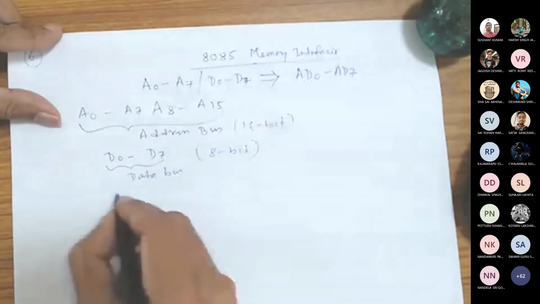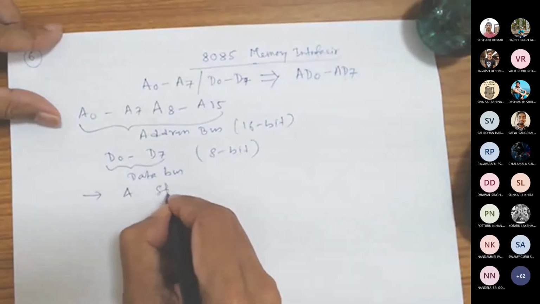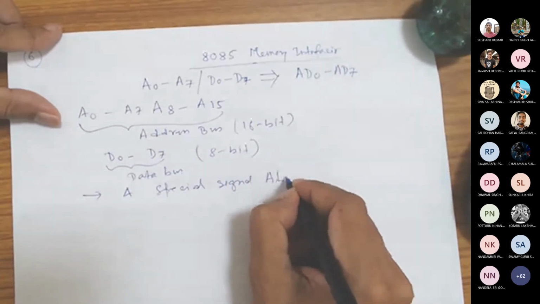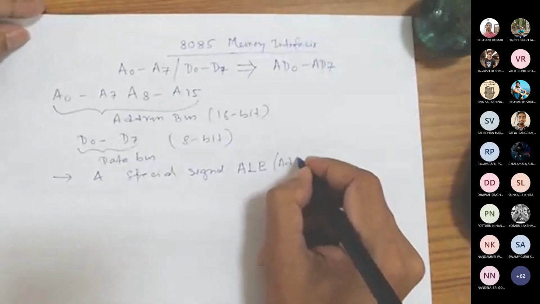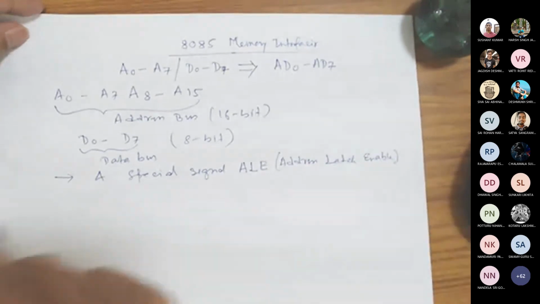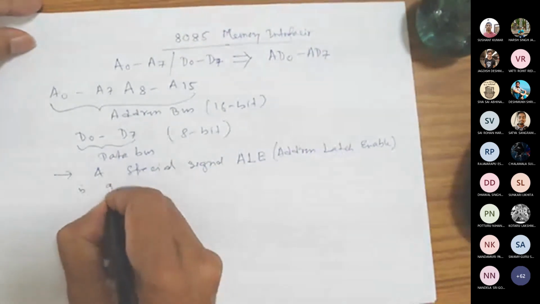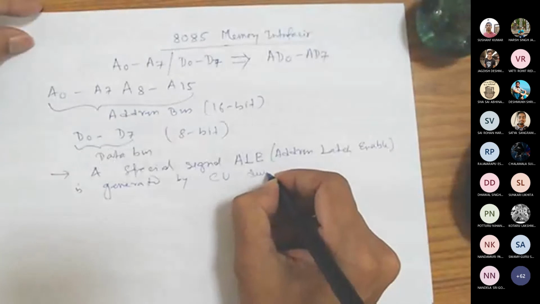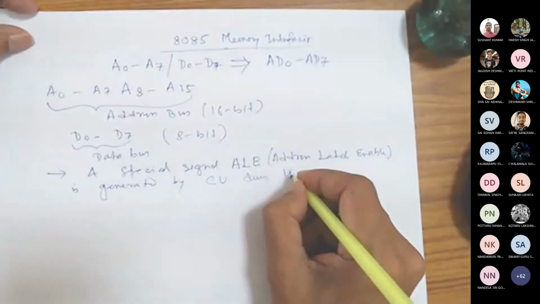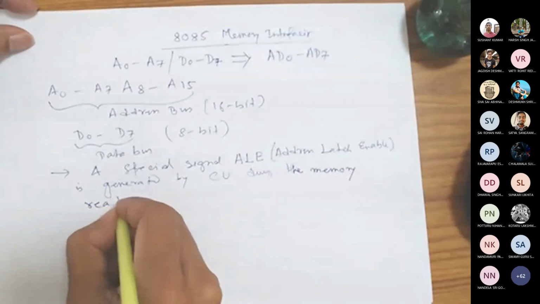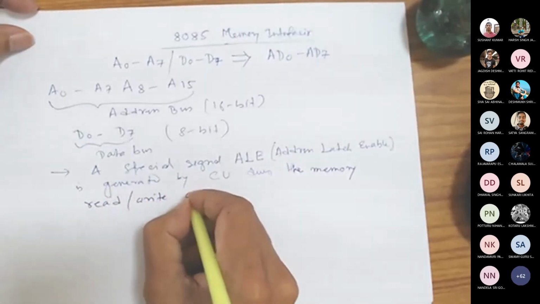It is done with the help of a special signal called ALE, address latch enable, which is generated by the CPU during memory read or write operations.